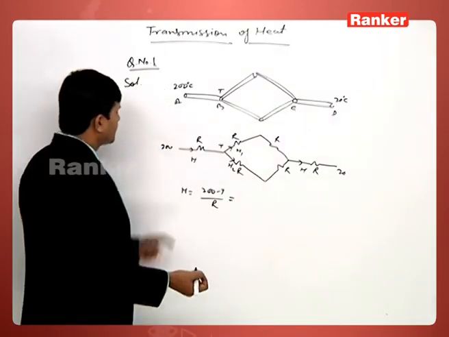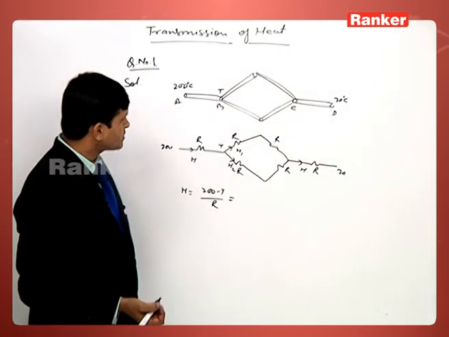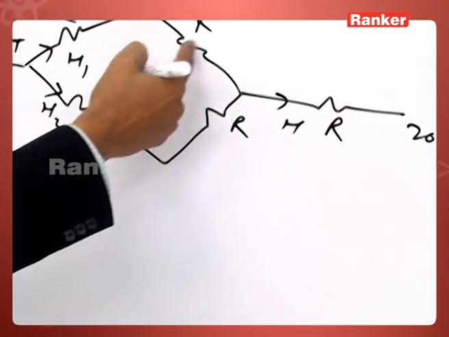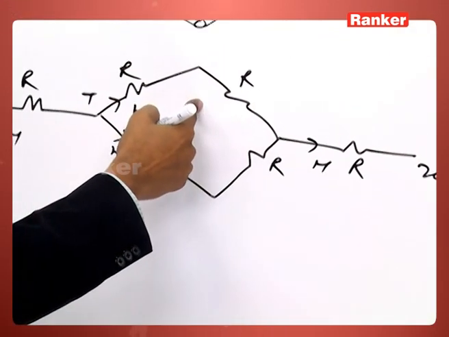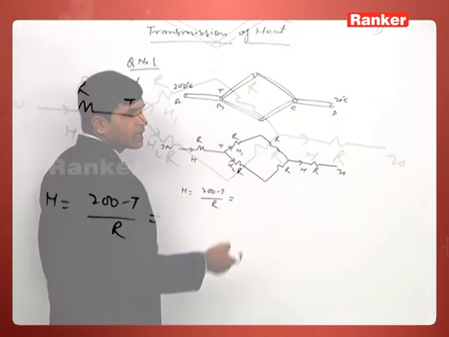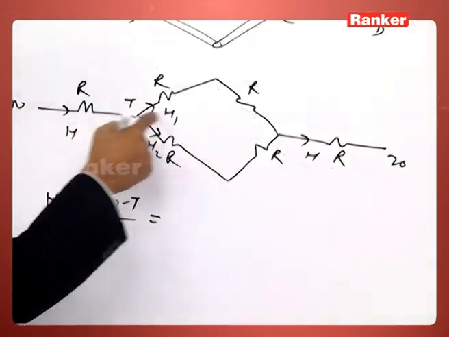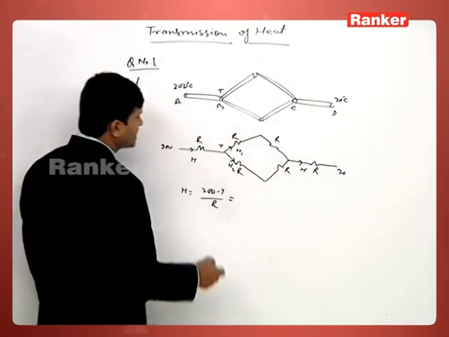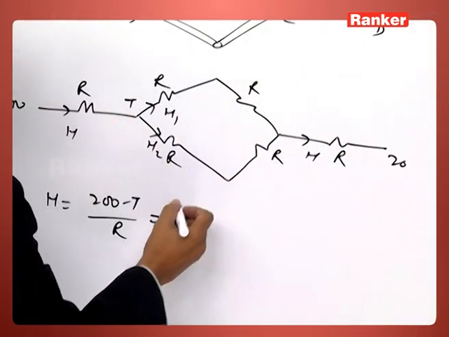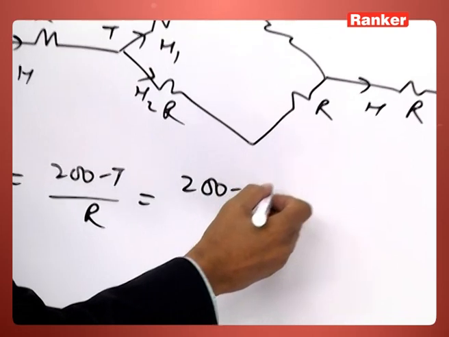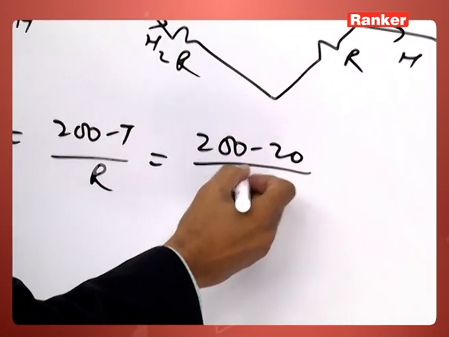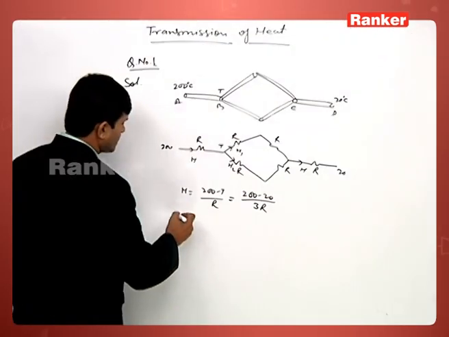Directly we can say from here to here also. See, this R and R in series make 2R, this also 2R, and 2R, 2R in parallel become R. So R plus R plus R in series. So 200 minus 20 by the total resistance 3R.